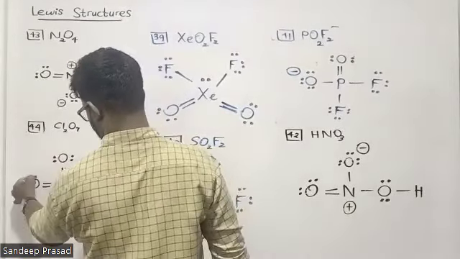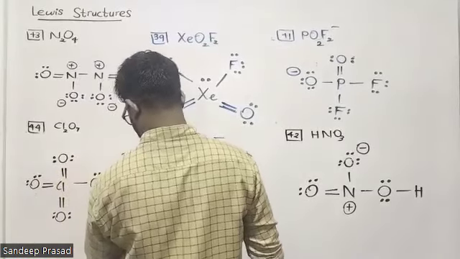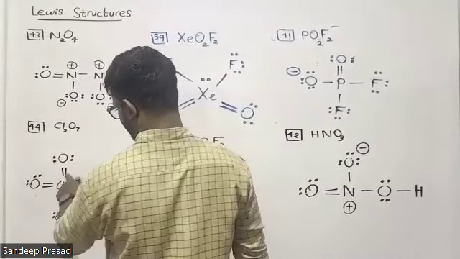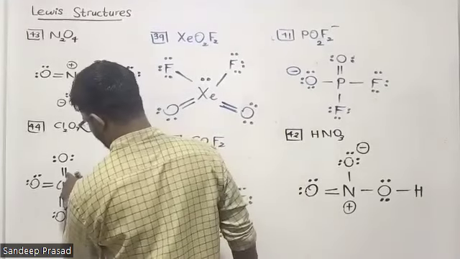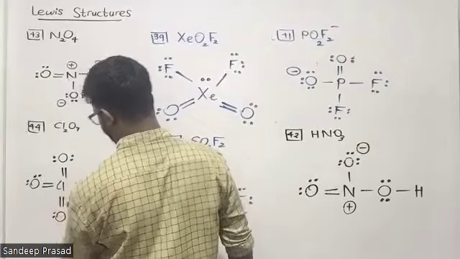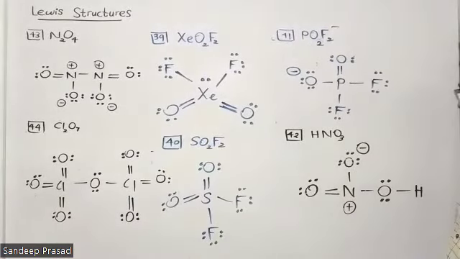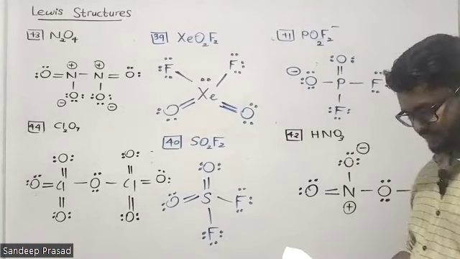How about this? So what about the chlorine atom? The octet is exceeded anyway, that doesn't matter. Valence electrons: 1, 2, 3, 4, 5, 6, 7. Okay. Cl2O7, dichlorine heptoxide. Chlorine can exceed the octet.